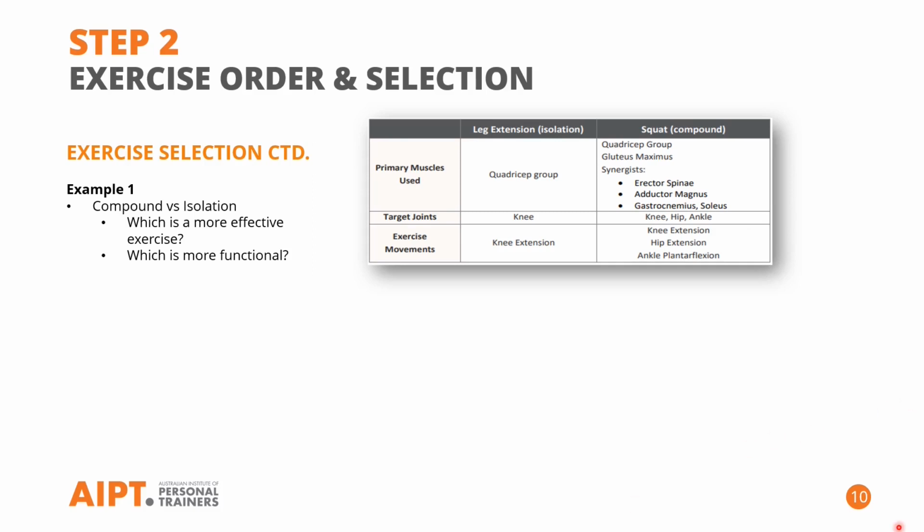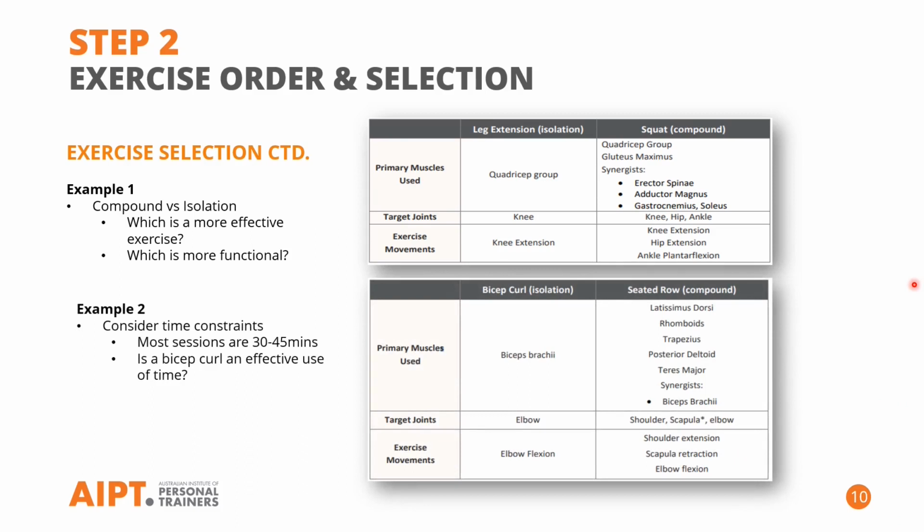Now, our next example is an upper body comparison, and we looked at this one on the previous slide. So just to put it down on paper here, if we compare the seated row, which is like a machine version of that barbell row we saw before, compared to a bicep curl, which is an isolation exercise.